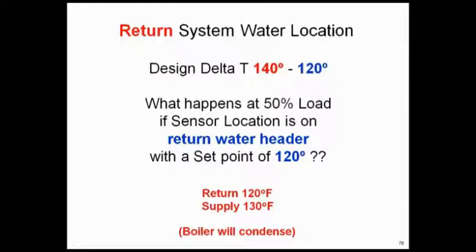What would happen at 50% load in BTUs if I didn't change the flow rate? I'm going to hold the GPM constant. I'm going to hold the 120 return constant. So now the variable is going to be the supply temperature. What happens to the supply? Obviously 120 to 140 at full load, 120 to 130 at 50% load, but we are still condensing because we're controlling the return water temperature at 120.